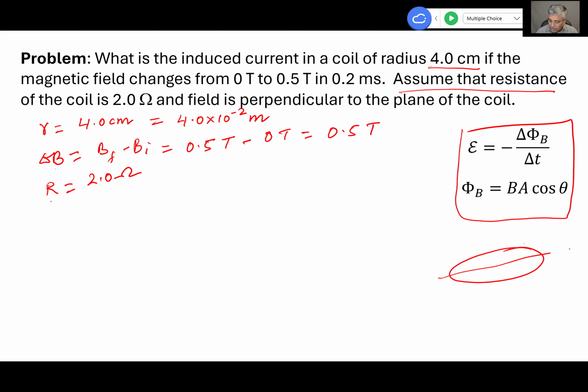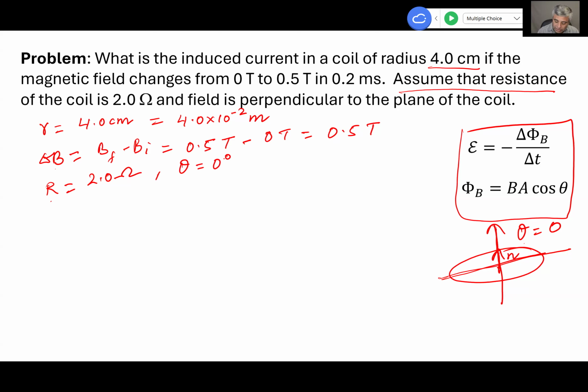So plane of the coil is this, field is this, and that means the normal to the plane is also going to be along the field, meaning theta is 0 here. Perpendicular, we may be tempted to use 90 degrees, but perpendicular to the plane, the angle we measure is from the normal, so that's why theta has to be 0 in this case. That makes cosine 0 equal to 1, positive 1.